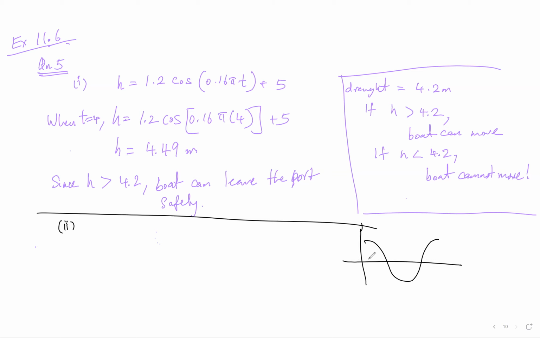Okay, so they are finding this is assuming this is 4.2. So what is the timing? So they got two timing, right? So this is the two timing that they're asking you for. Okay, so you need to substitute h as 4.2.